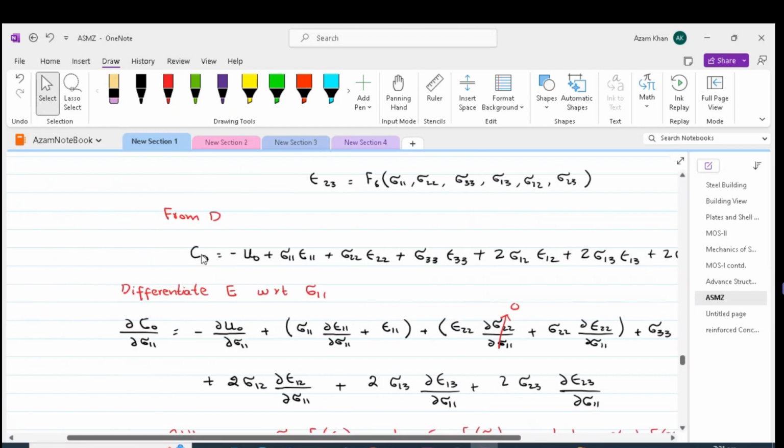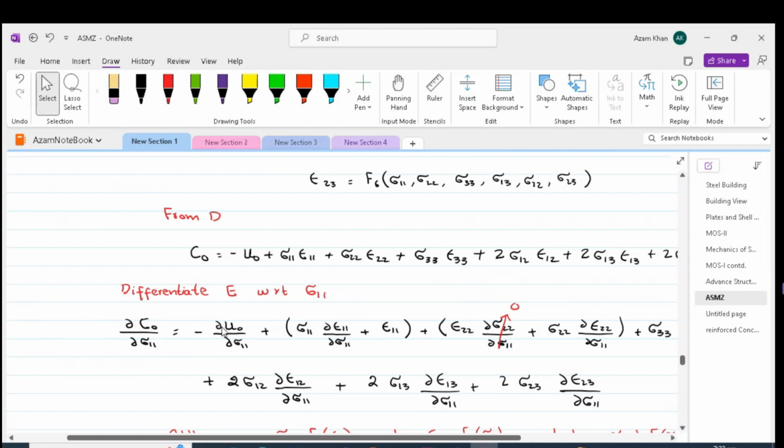Now we can differentiate this expression with respect to stress sigma 11, since C naught, which is the complementary internal energy density, is dependent on the stresses. So this expression is partial C naught by partial sigma 11. The second expression, which is the internal energy density, is also a function of sigma 11.